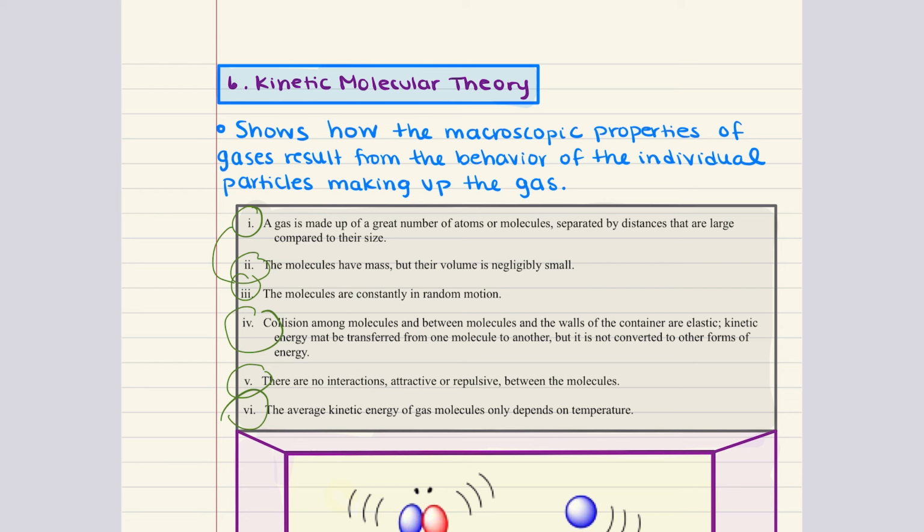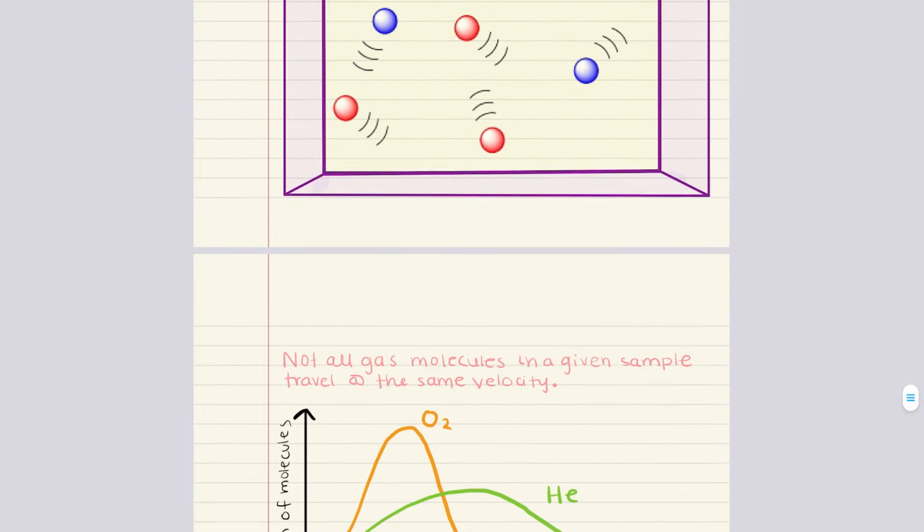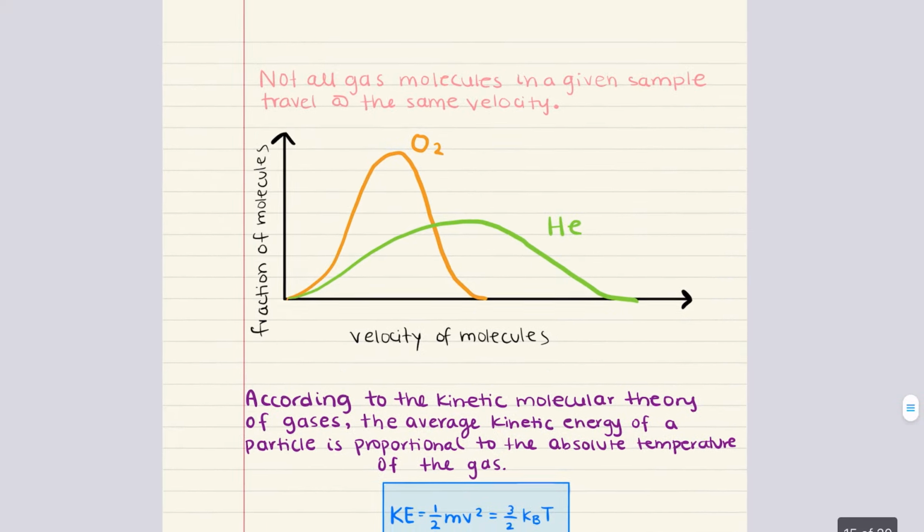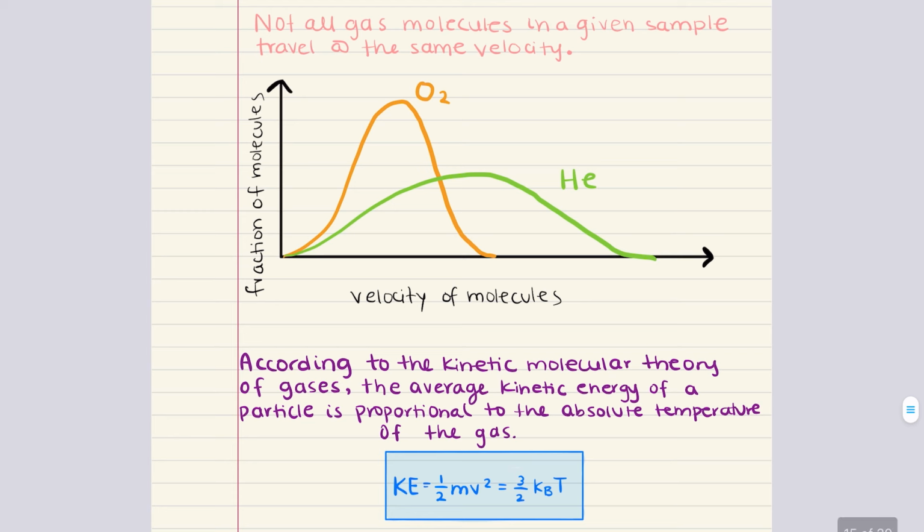They do not depend on pressure, volume, not even the identity of a gas, only on temperature. And this actually is going to help us transition into a very important point. According to the kinetic molecular theory of gases, the average kinetic energy of a gas particle is proportional to the absolute temperature of the gas. And we can see that in the following equation.